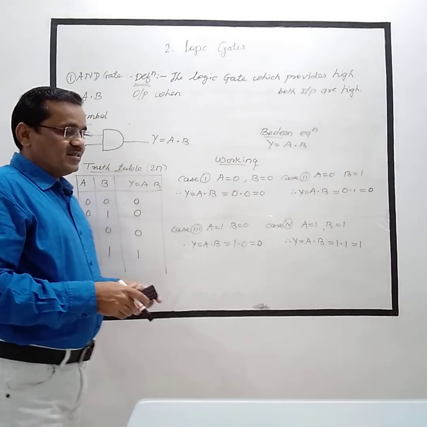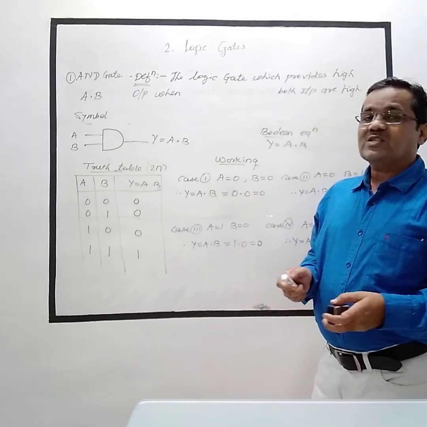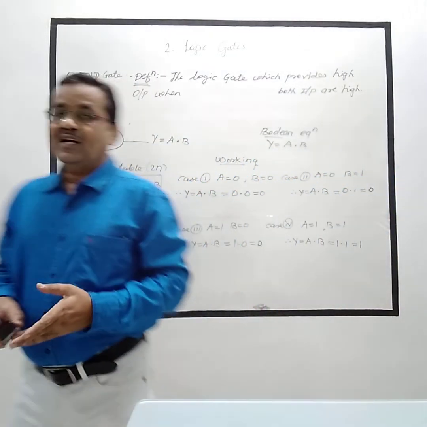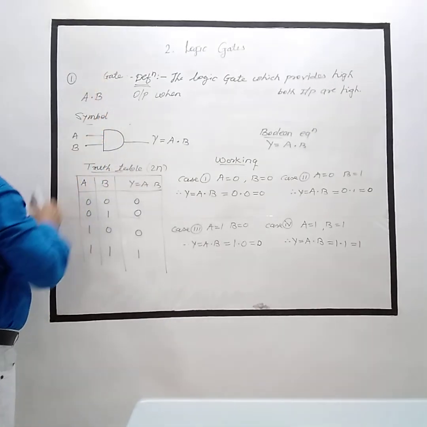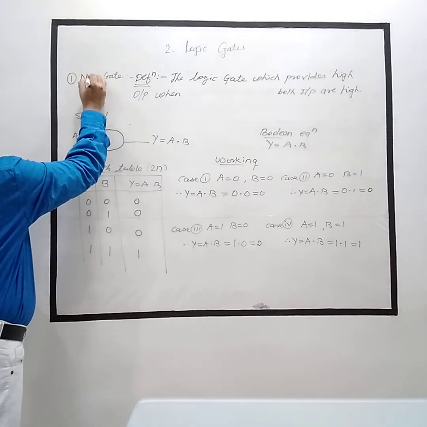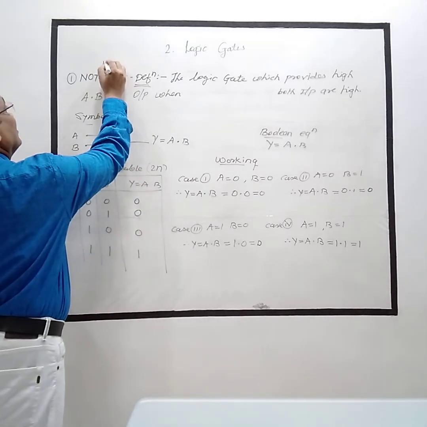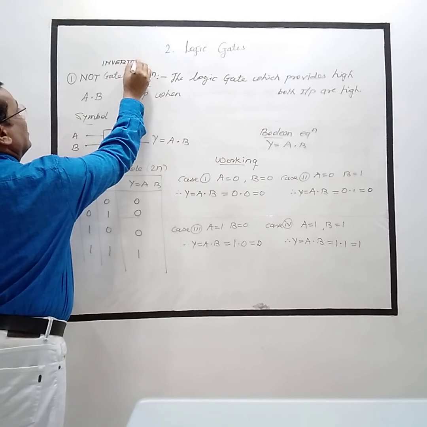Now the next basic gate is called the NOT gate. It is also called an inverter.